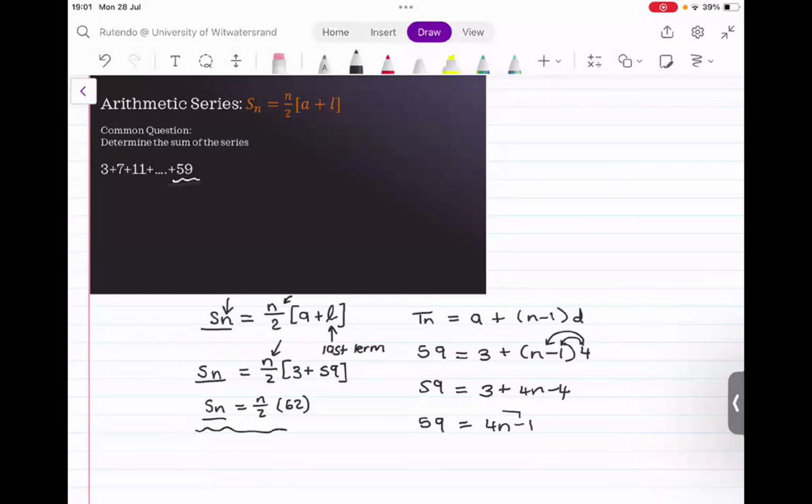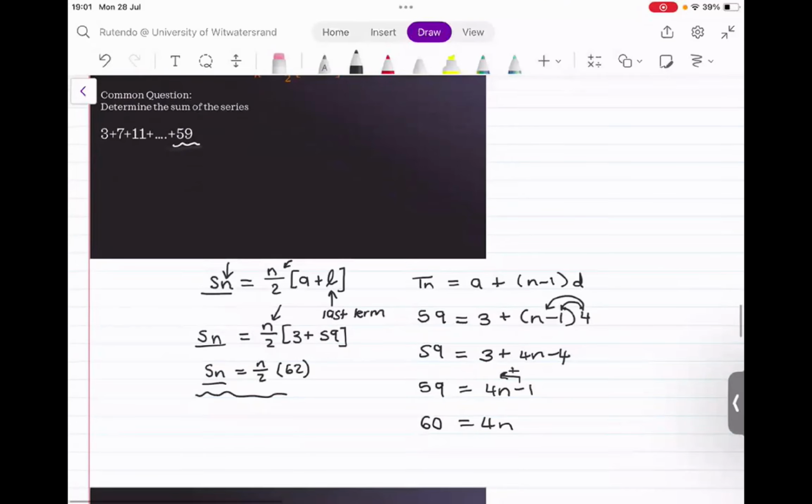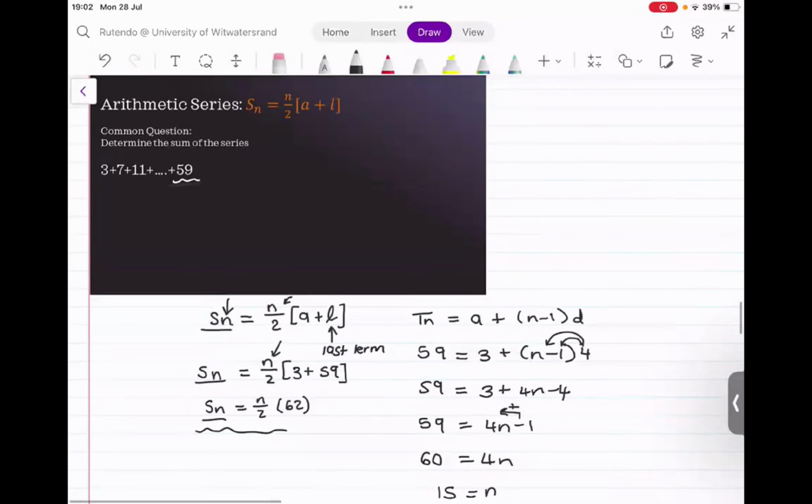So I'm going to move that 1 to the other side, and I'll add it. So it'll be 60 equals 4n. And so your n equals 15. N equals 15. Okay.